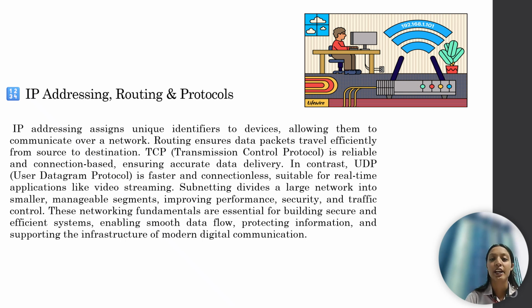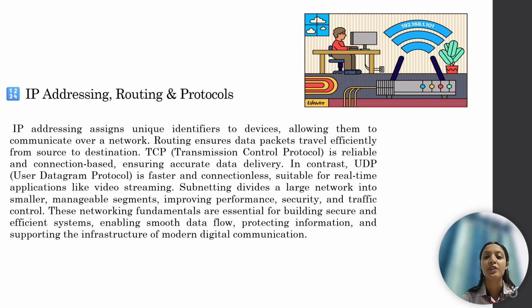IP addressing, routing, and protocols. IP addressing assigns unique identifiers to devices, allowing them to communicate over a network. Routing ensures data packets travel efficiently from source to destination. TCP, the Transmission Control Protocol, is reliable and connection-based, ensuring accurate data delivery.